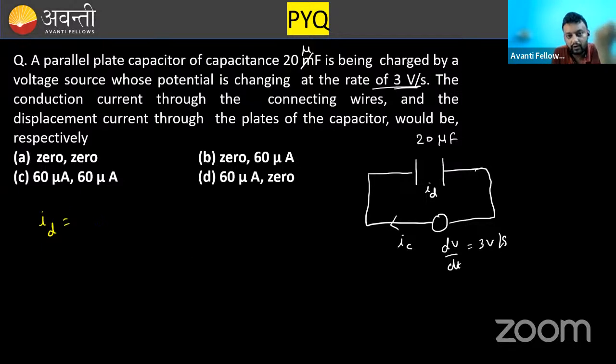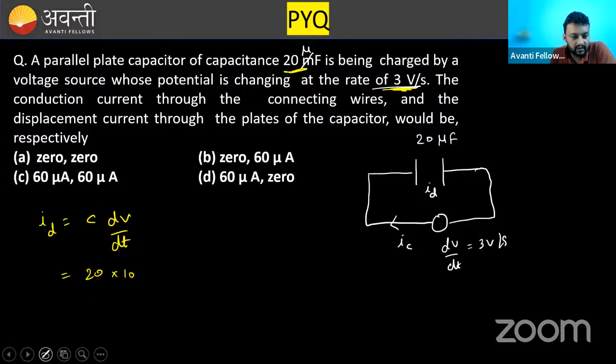ID is equal to... I told you capacitance is given, and the rate of change of potential is given. So the formula I am going to use is C dV over dt. If you place the values, C is 20 into 10 to the power... I don't think I need to use this power.